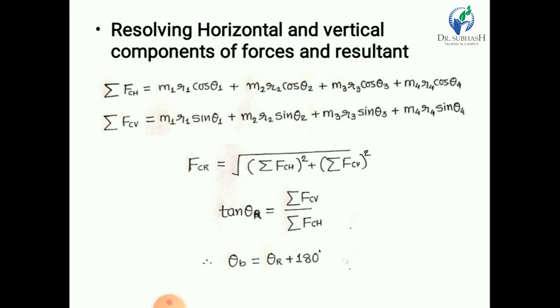The balancing mass is added at an angle theta b equal to theta r plus 180 degree, and the magnitude of the balancing force is also FCR. So we consider FCR is equal to MB RB. If we fix RB, then we can calculate MB, the balancing mass.